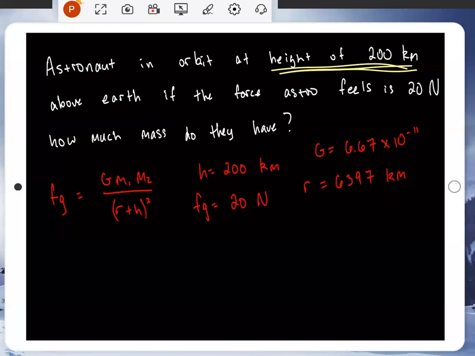And then you're trying to find the mass. Which one? I guess it doesn't matter, right? Kind of a trick question. So let's say it M1 because it doesn't matter.